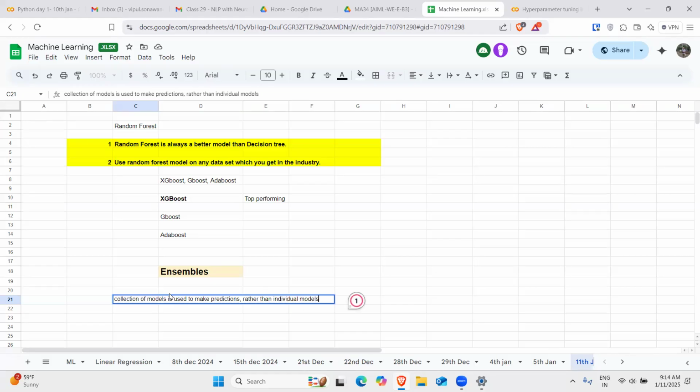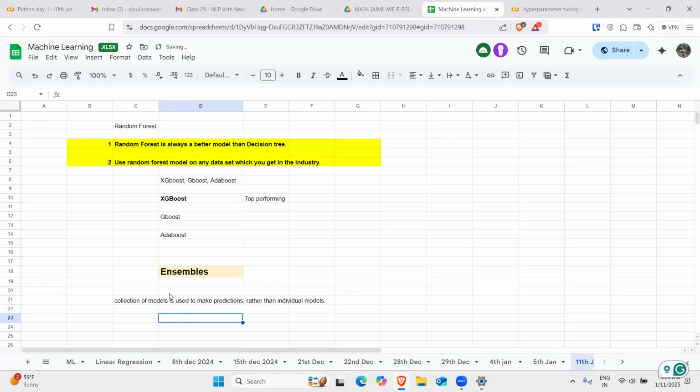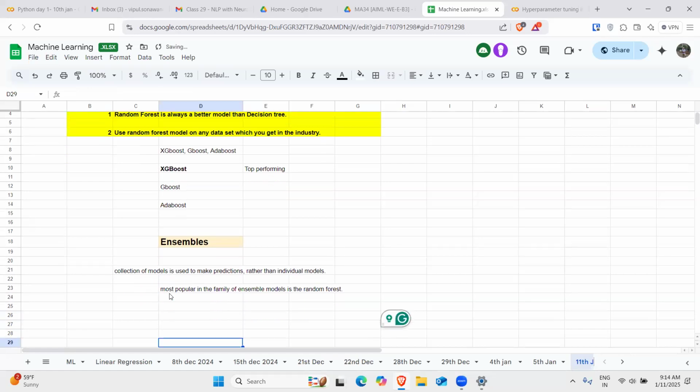Arguably, the most popular in the family of ensemble models is the random forest, which is an ensemble made by the combination of a large number of decision trees.